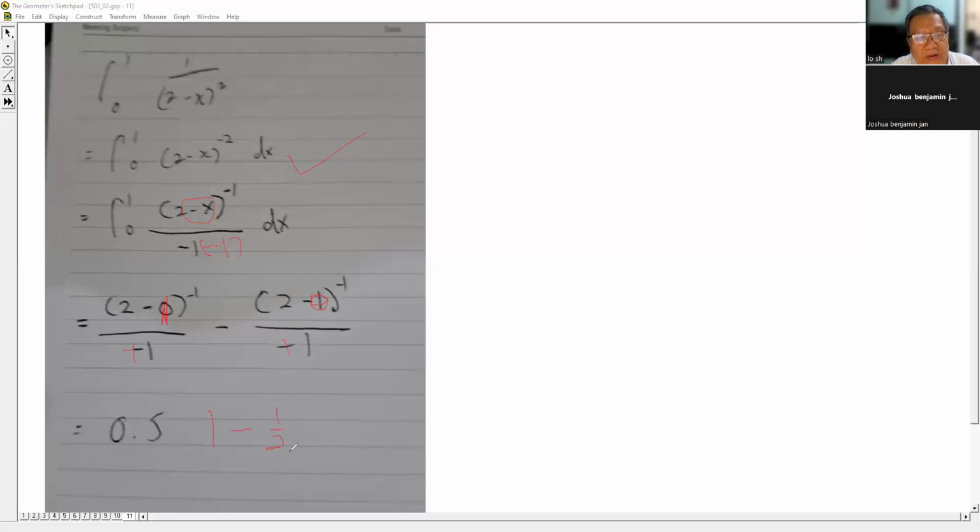This is minus, and this is minus. This is actually plus. So the answer is 0.5, right? So your 0.5 cannot be considered correct because the working is wrong. Any questions so far? No.